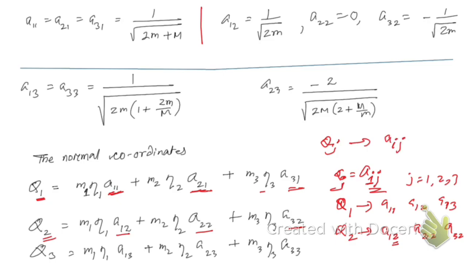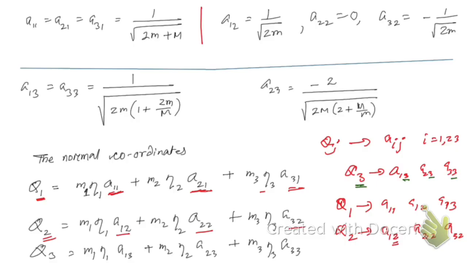So here I should write i is equal to 1, 2, 3. Okay, I made a mistake here. Hope you have understood this. So similarly, for q3, the coefficients should be a13, a23, a33. The second number is 3.